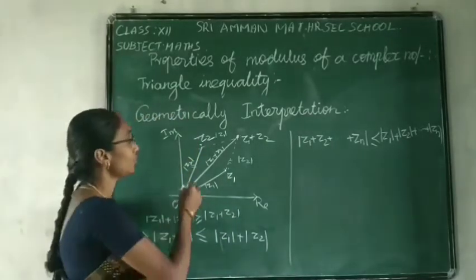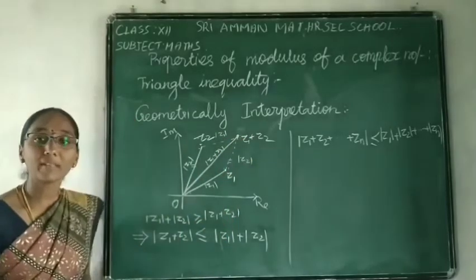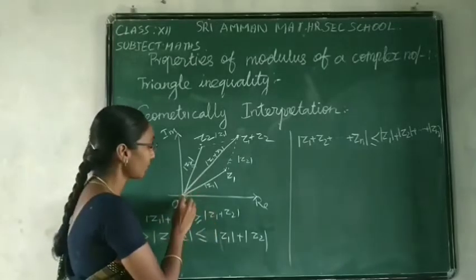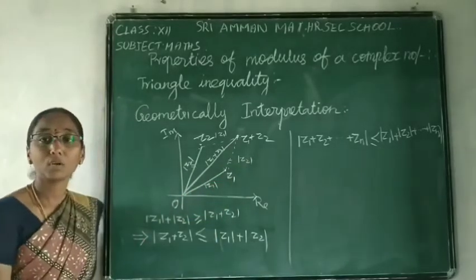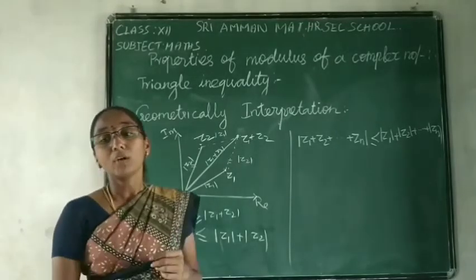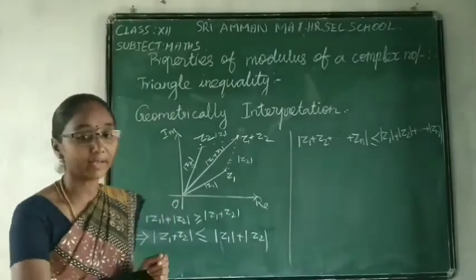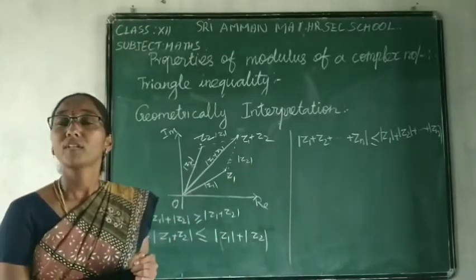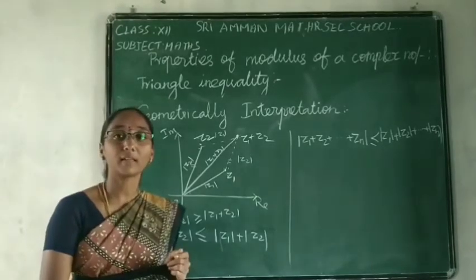Okay. So joining these two points, now I consider one of the triangles in this diagram. Okay, listen. This one, O, Z1, Z1 plus Z2, is one of the triangles. We know from geometry the sum of the lengths of any two sides of a triangle is greater than the length of the other side.